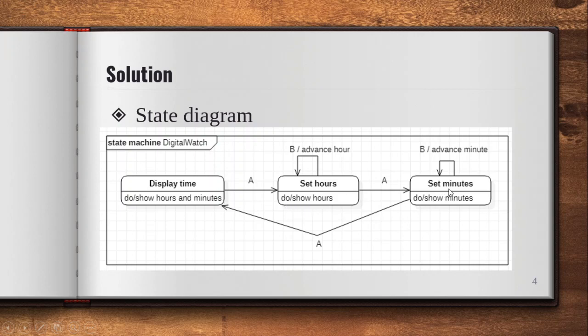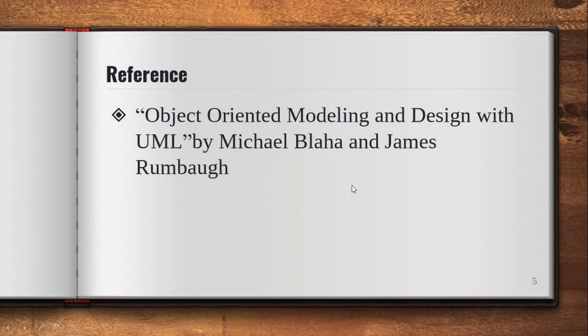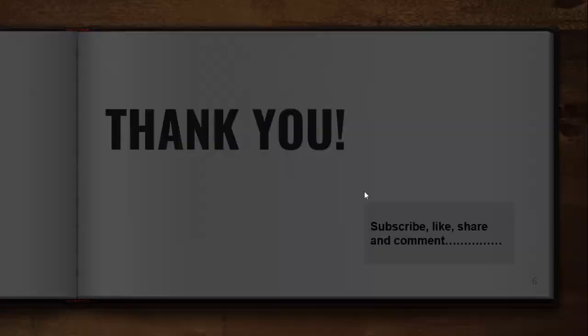Again if we are in set minutes, the ongoing activity is continuously showing the minutes, so we use do. For the transition we use the A button, and if we press the B button, it advances the hours if we are in the hours state, and if we are in the minutes state, it shows the advanced minutes. So likewise you can draw the state diagram based on the descriptions. This is the reference I have used. Thank you.